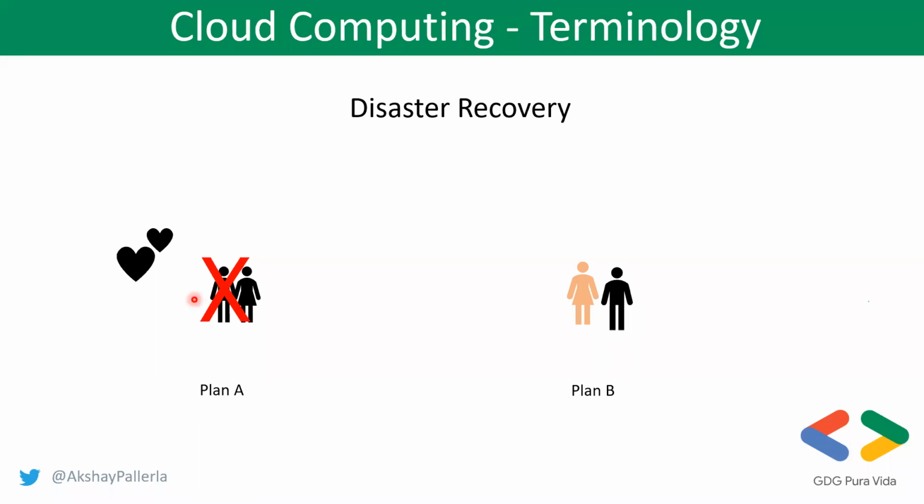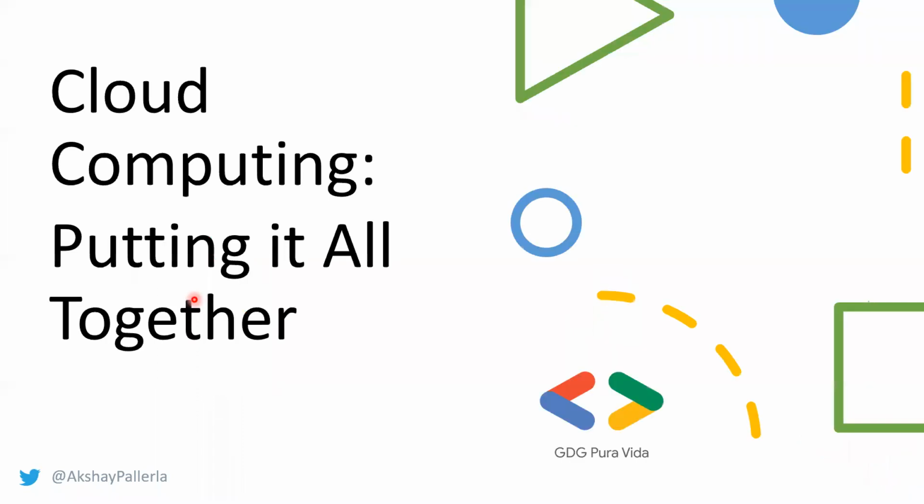So in a traditional model, you really have to manage this as well. But one good thing with cloud computing is the cloud provider themselves, they offer this disaster recovery for you, which is really important. Again, focus on the importance of disaster recovery here, guys. Okay. So with all the terminologies discussed so far, I believe things slowly start making some sense, if not completely, right?